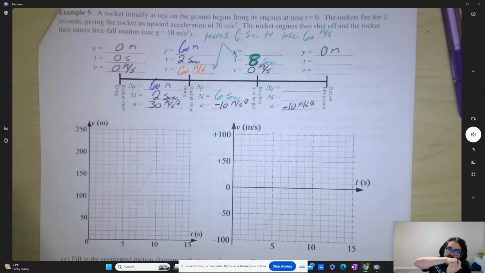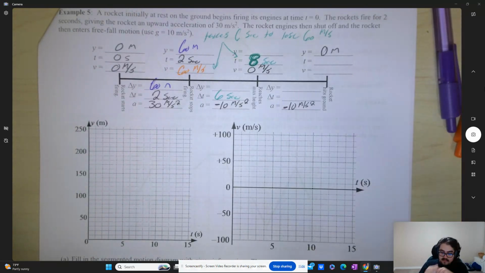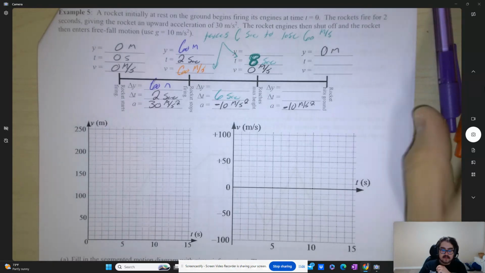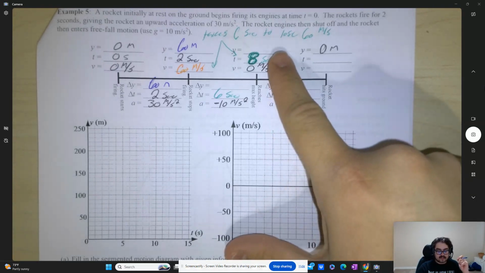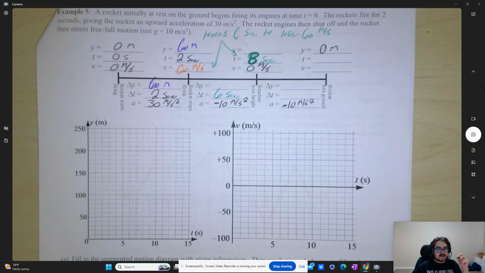Actual change in time is 8 seconds, because we have to account for that too earlier. Let's see. We need to figure out the height that the rocket goes. The way that I'm going to do that, we need to figure out the maximum height the rocket goes to. When the engine stops firing, we know it's at 60.